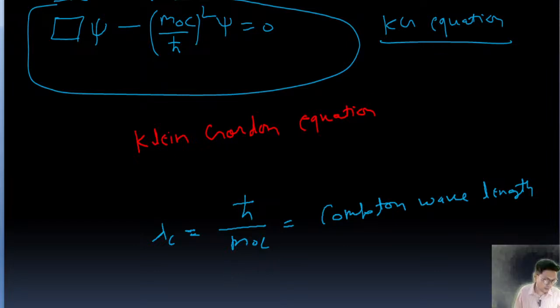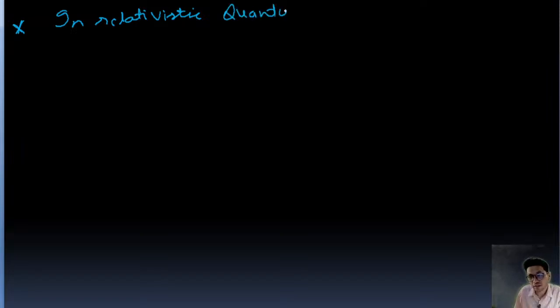Now some points I would like to write. In relativistic quantum mechanics, Schrodinger equations are not valid.